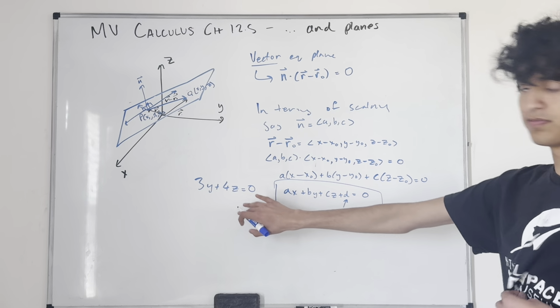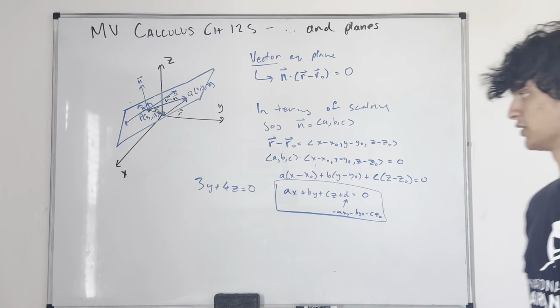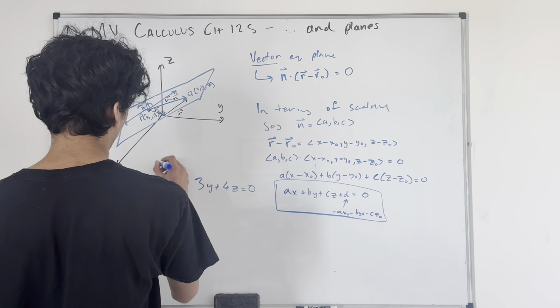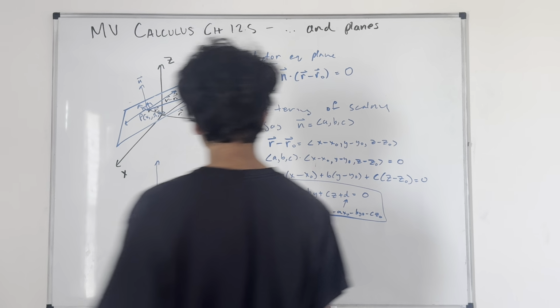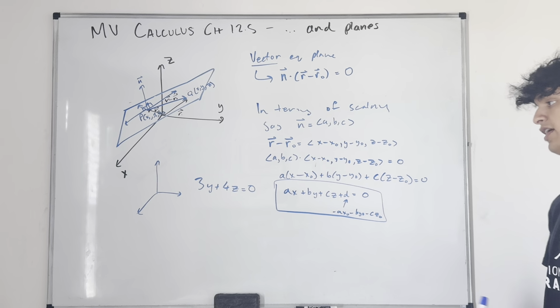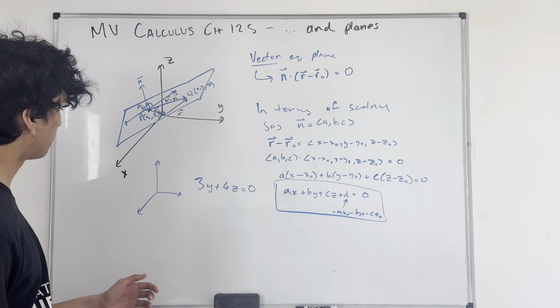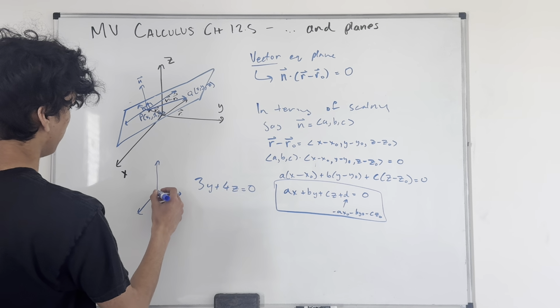For this plane, I know my orthogonal vector has components 3 in the y direction, 4 in the z direction, but it also has 0 in the x direction. So I know my vector will probably look something like this.